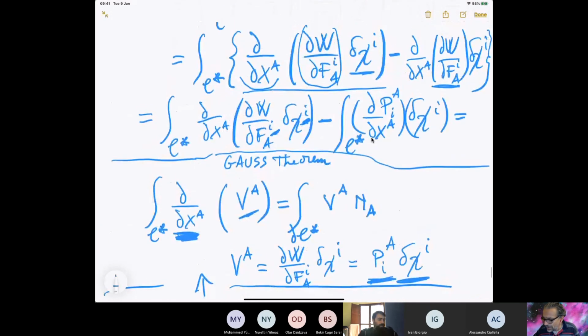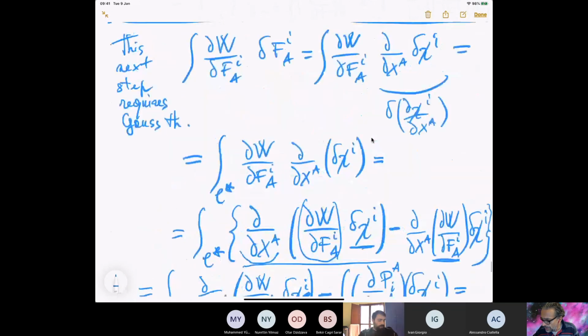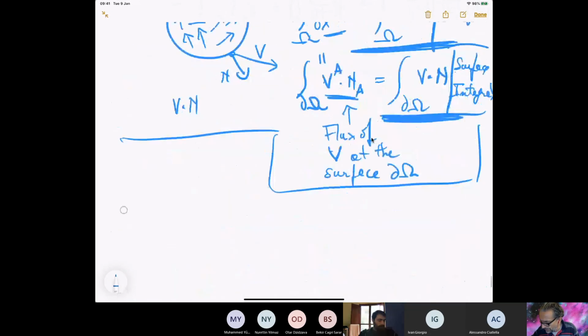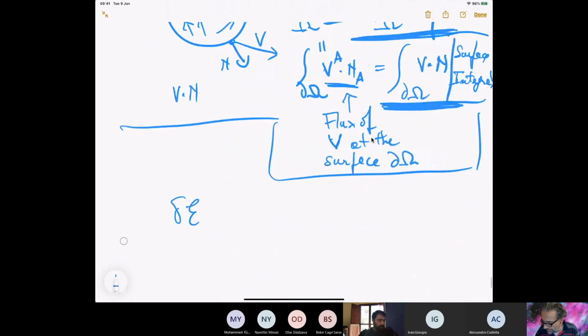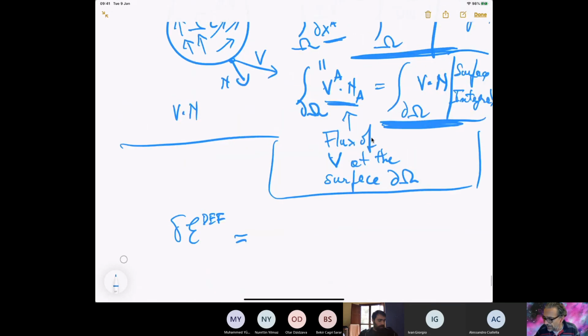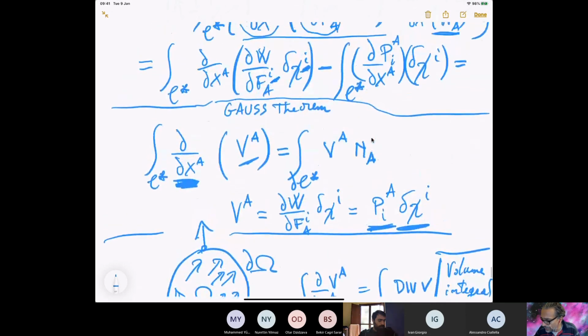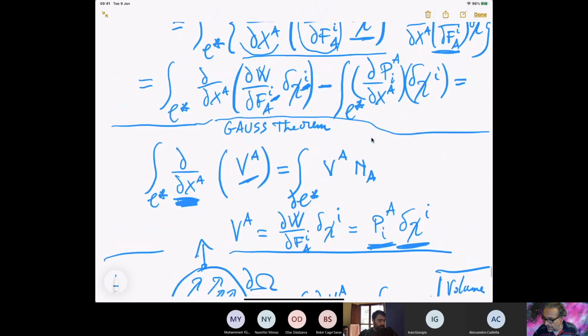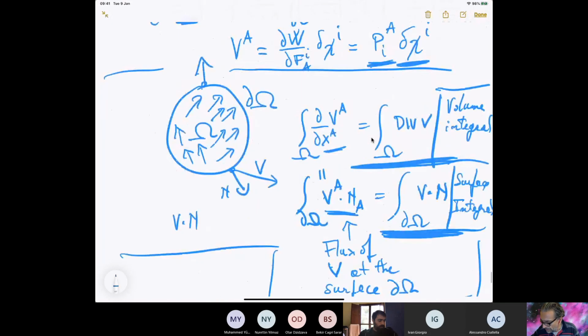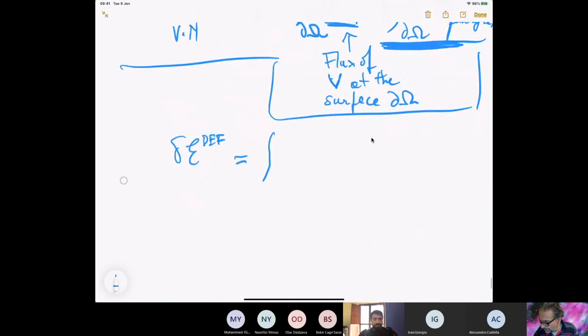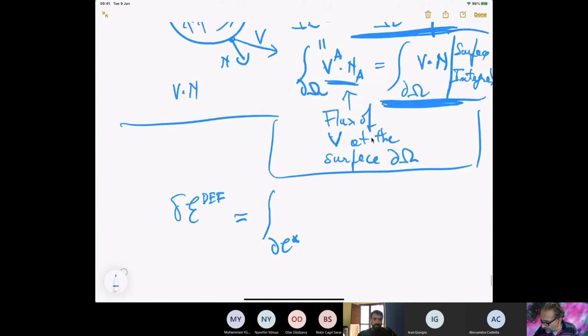So we can transform the first variation. We have that the first variation of the deformation energy after all these calculations is equal to the integral of the divergence, which is the integral on the boundary of C star of V dot n.